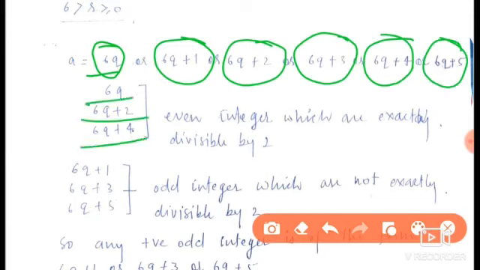6q + 2 and 6q + 4 are even integers, which are exactly divisible by 2.